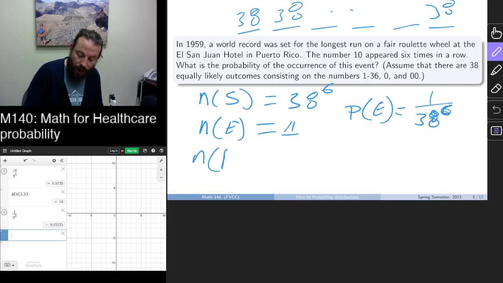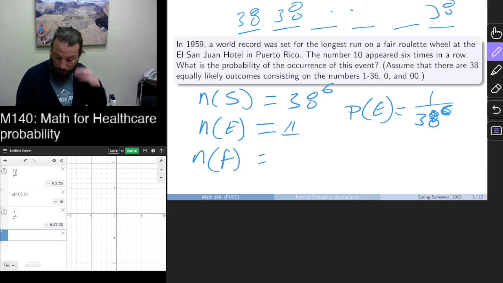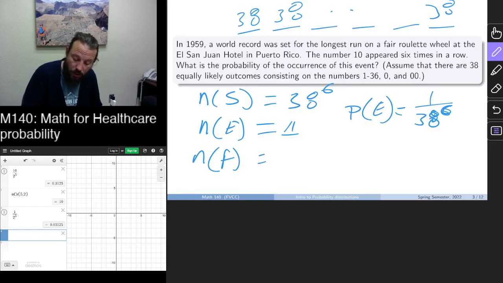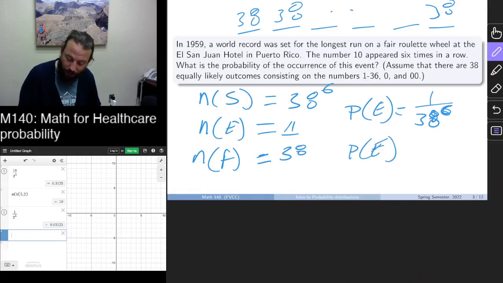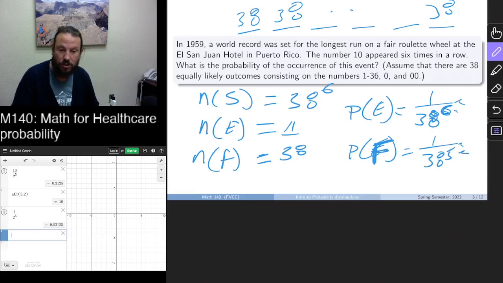Now, let's say event F is getting any number 6 times in a row when spinning it 6 times. There we got, let's see, there's 38 possibilities, and the probability of F comes out to be 38 over 38 to the 6th. This is F here. And that gives me 1 over 38 to the 5th. We'll check those two numbers just so we have an idea what they're telling us.